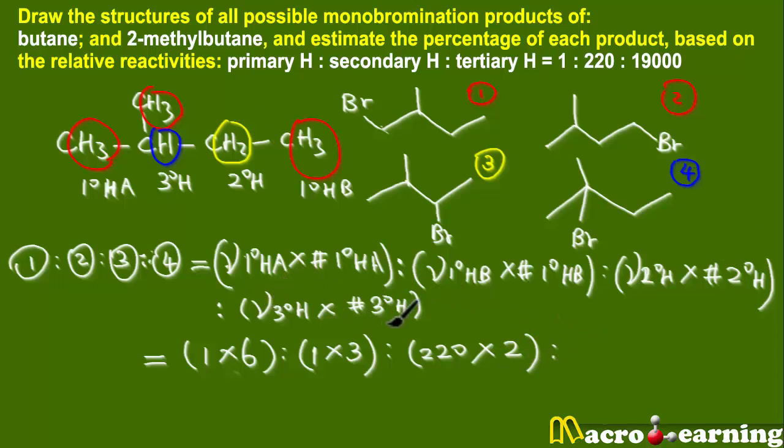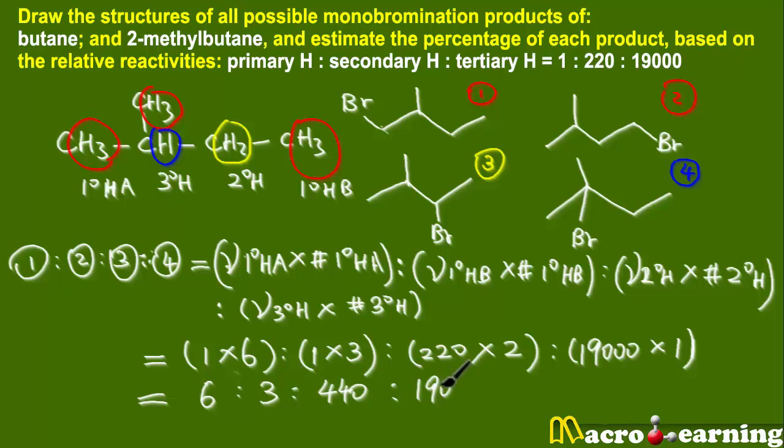And the final part, tertiary hydrogen's relative reactivity is this big number here, 19,000, times the number of tertiary hydrogen, only 1 of them, so that being 6, 3, 440, to 19,000. So that's the relative ratio among all the 4 products from number 1 to number 4.